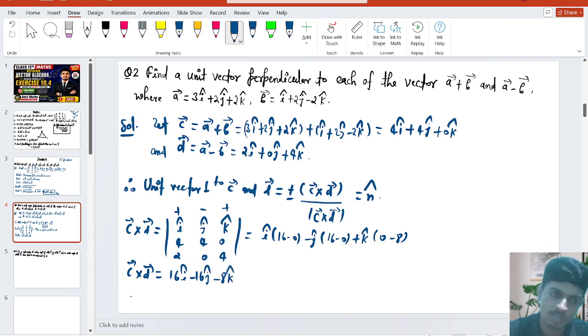Now taking the modulus of vector C cross D, it becomes the square root of 16 square plus minus 16 whole square plus minus 8 whole square.